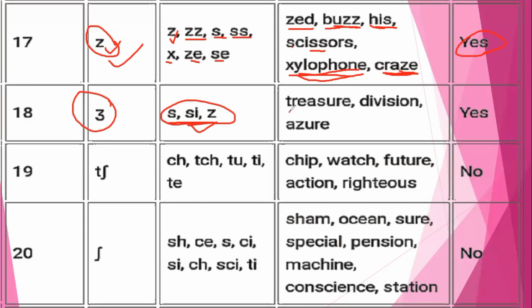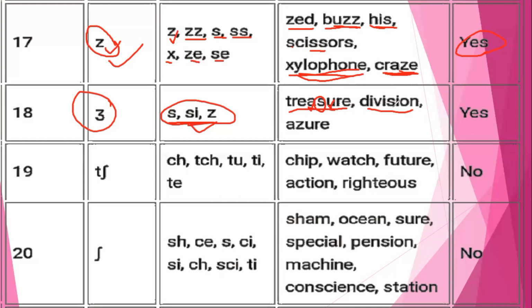Let me give you examples like treasure, treasure. In treasure, you can see there this S is in between two vowels, O and U. Look, O and U are there. So that's why it is pronounced treasure, jar. Another, division.